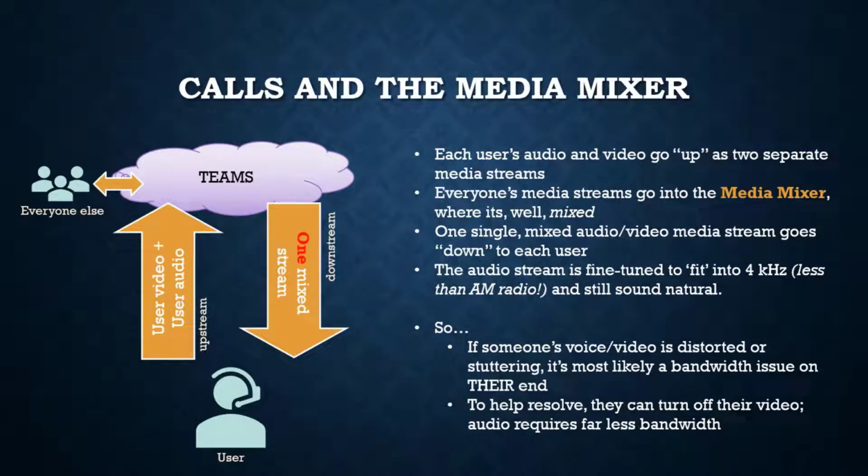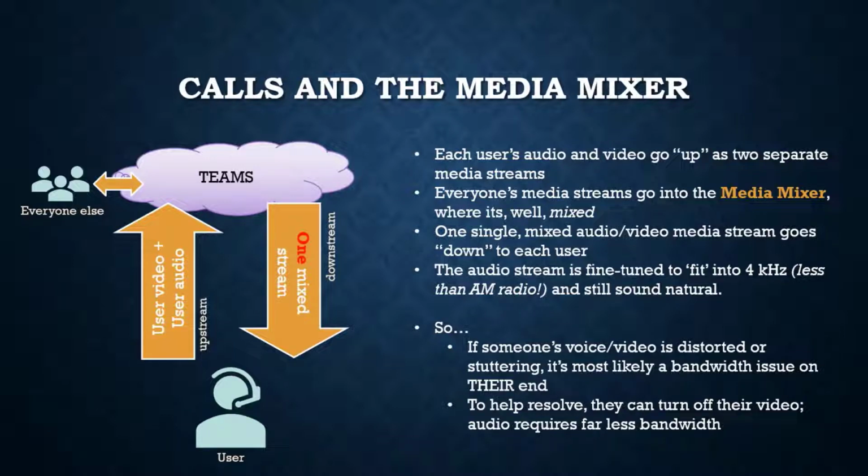But it's probably just that person, because inside Teams, there's a service called the media mixer. And so when everyone is in a meeting, all of their audio and all of their video go upstream, one audio and one video stream up to the cloud.